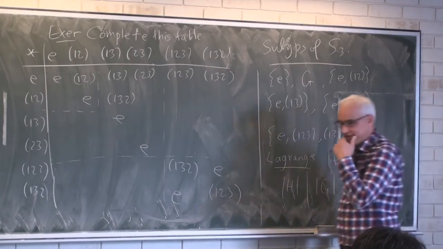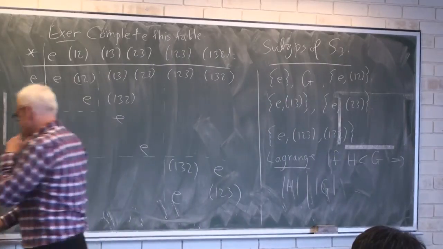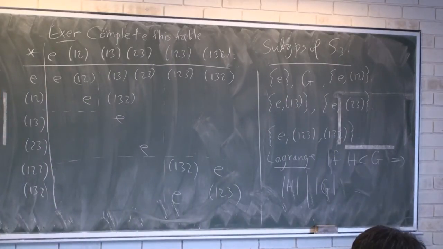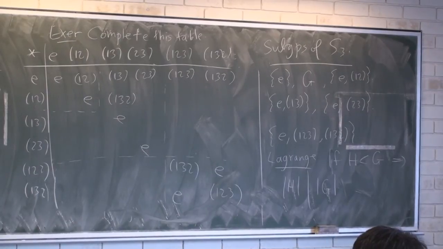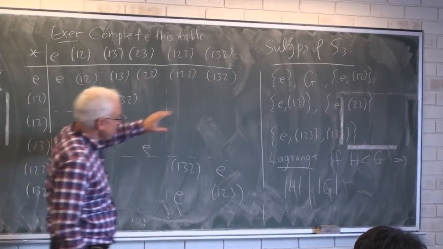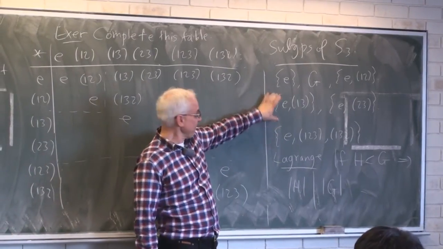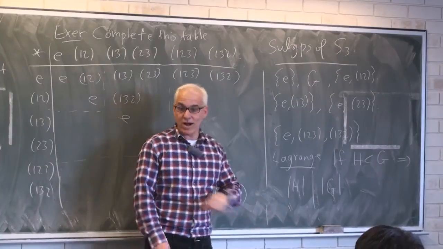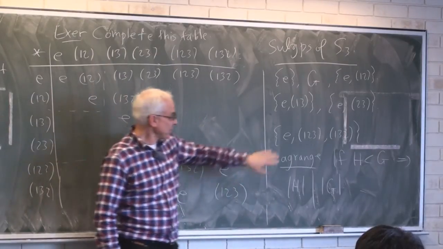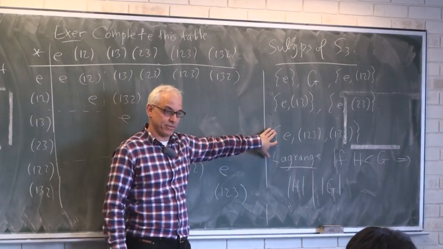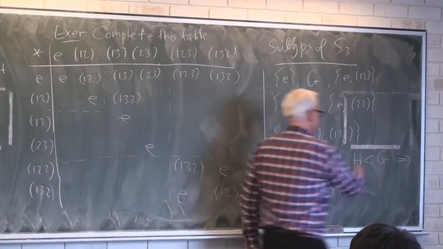Well, what about cosets and multiplying cosets? Already we can see interesting aspects in this very small group. The two kinds of non-trivial subgroups that we're finding here, these subgroups of order 2 and the subgroup of order 3, act quite differently. This one is a normal subgroup.